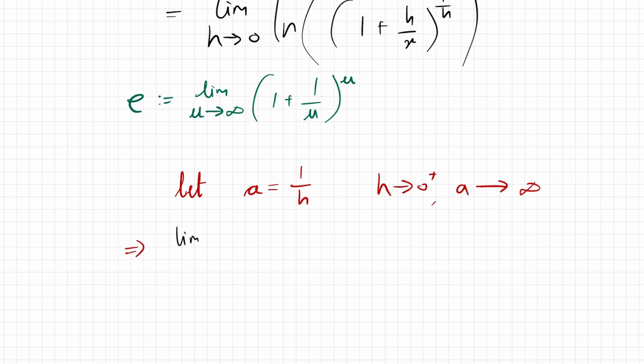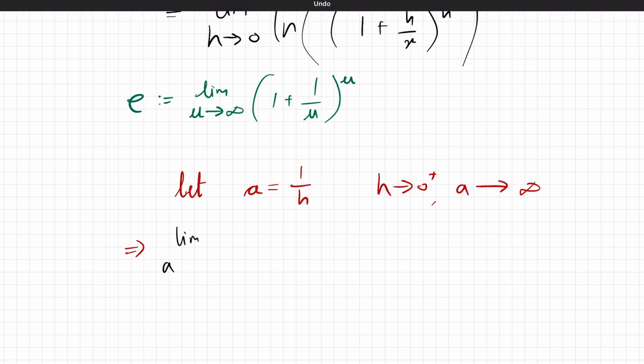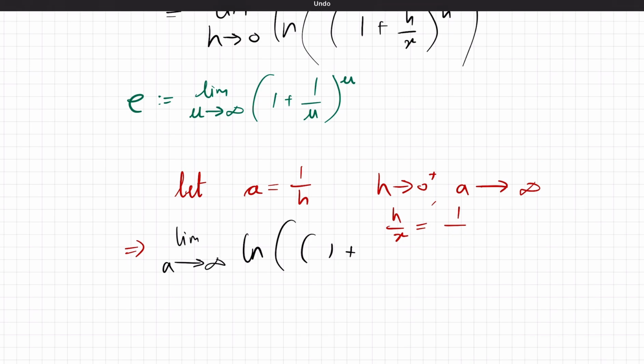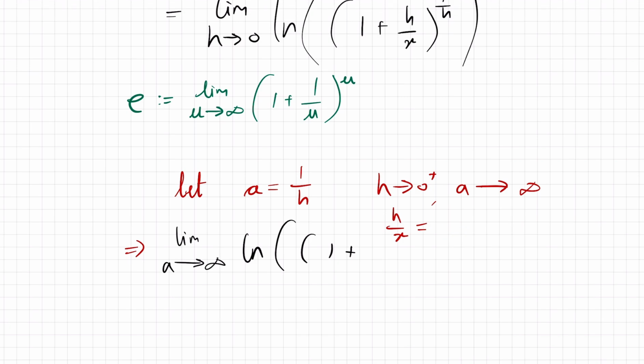We're going to say the limit as a goes to infinity of ln 1 plus, well, h over x, if we write it in terms of a, h can be the same thing as 1 over a to the x. So we're going to write it as 1 over a multiplied by 1 over x, like so.